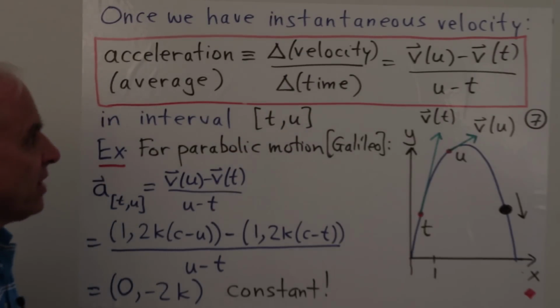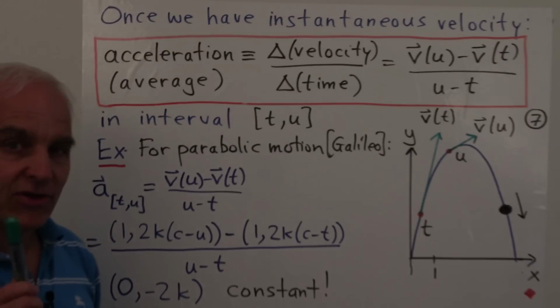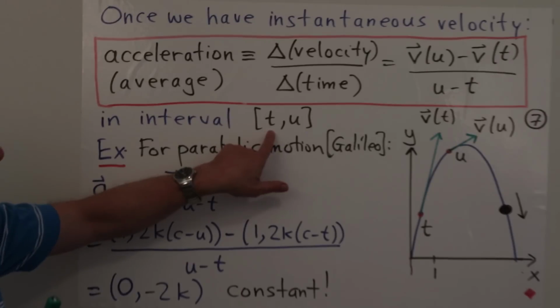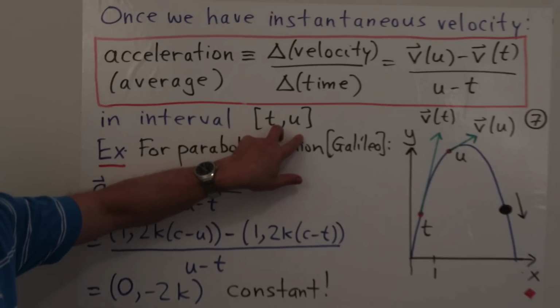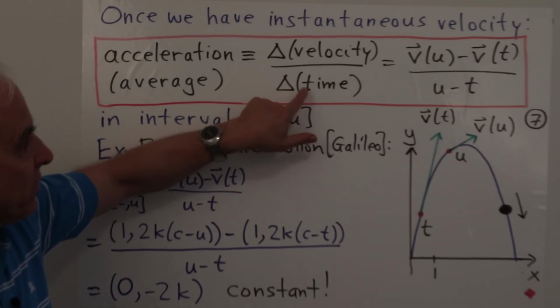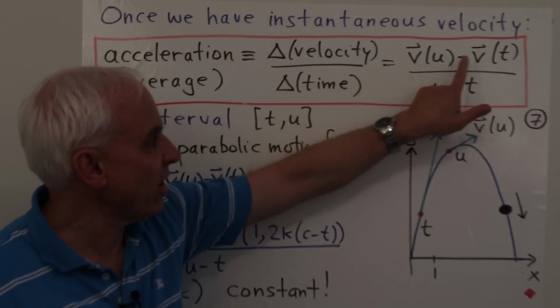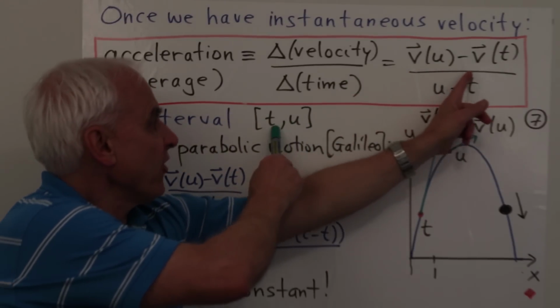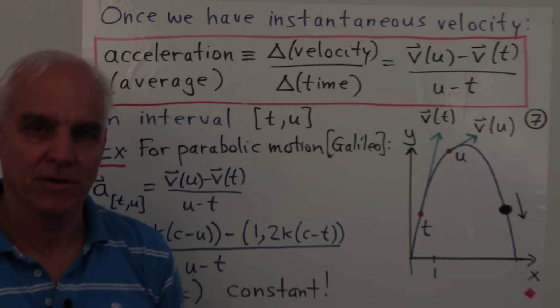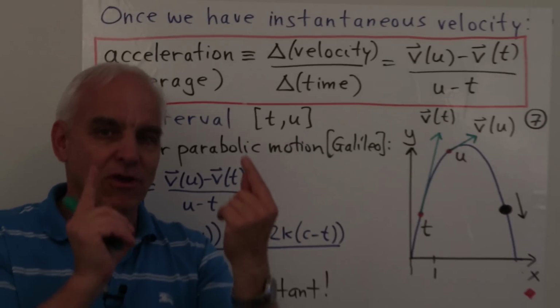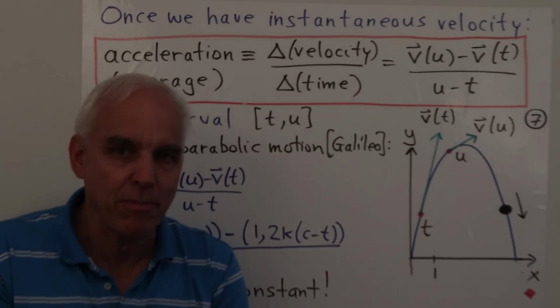And let's have a look at the definition because it's actually a little bit subtle. So we're talking about acceleration in an interval, t to u. It's a time interval. The rate of change is the change in velocity over the change in time. So there's the change in velocity. It's the velocity at the final point minus the velocity at the initial point. And notice that we do really need instantaneous velocities in order to make this happen.